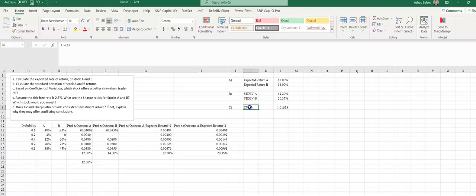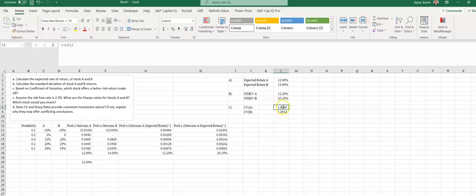Then we could simply do the B in here, coefficient of variation of asset B. This time we're going to pick up the standard deviation of asset B and divide that into the expected return. Let's tidy them up again. The coefficient of variation of asset A is around 1, and the coefficient of variation of asset B is 1.45.